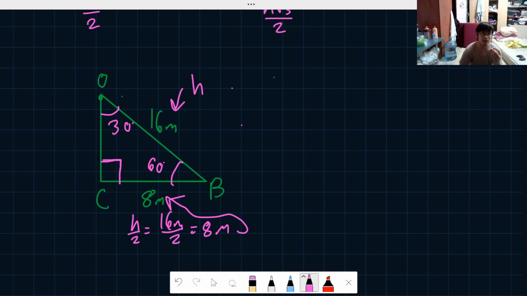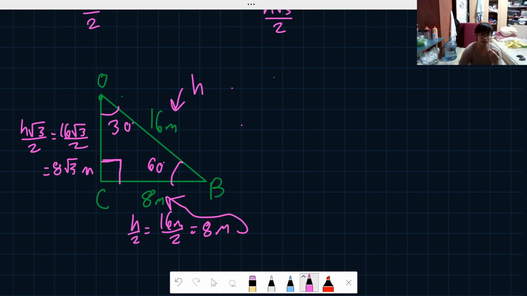Now, how about the length OC, the side beside 30 degrees? We have h square root of 3 all over 2, which is 16 meters times square root of 3 all over 2. This gives us exactly 8 square root of 3 meters.